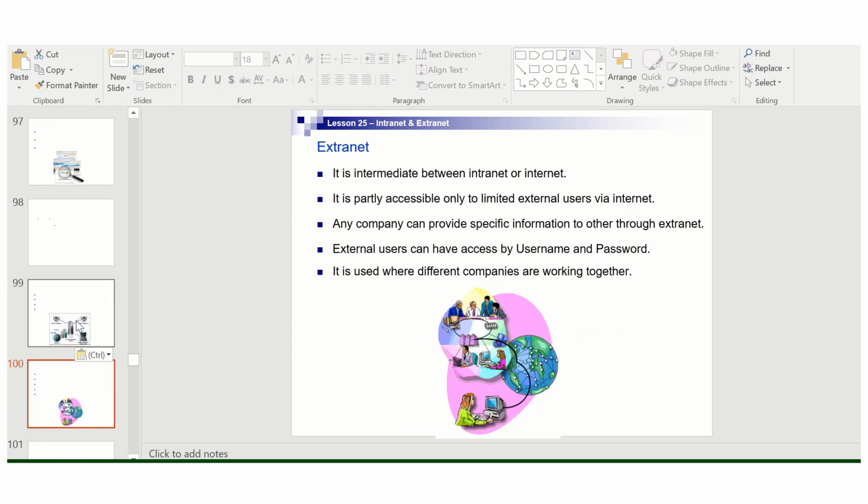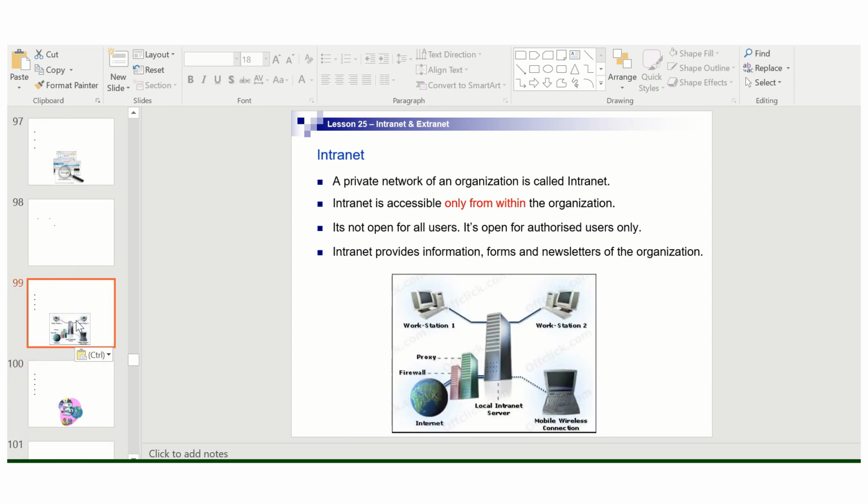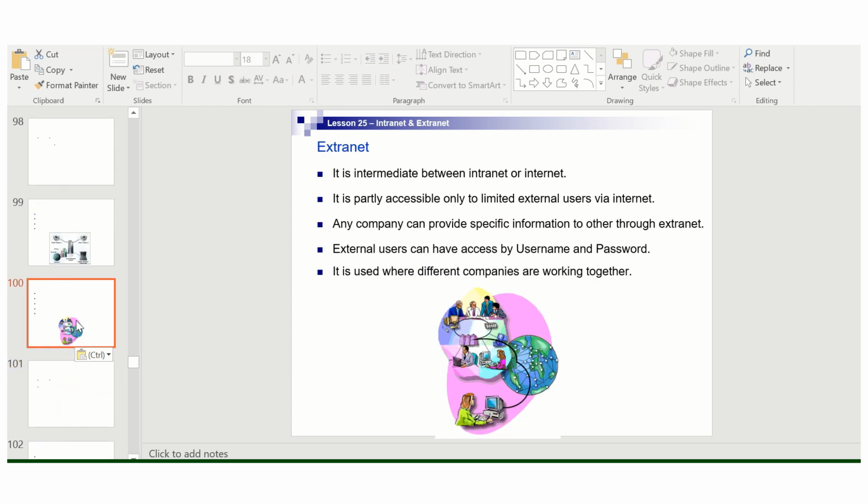So what is an extranet then? If intranet is for people who are within the organization, then extranet is an intermediate between the intranet and the internet. I think an example that I can give you about extranet, because there's still username and password here.